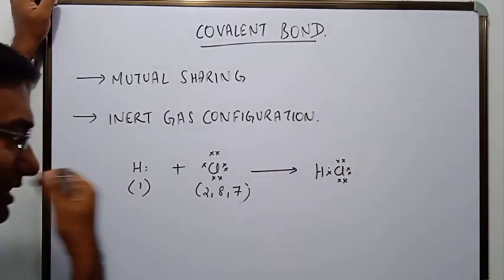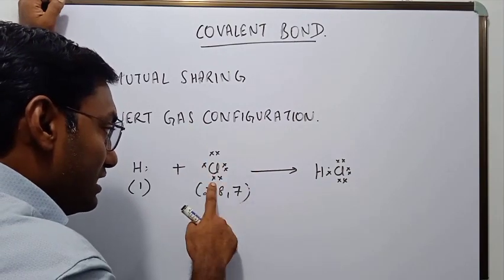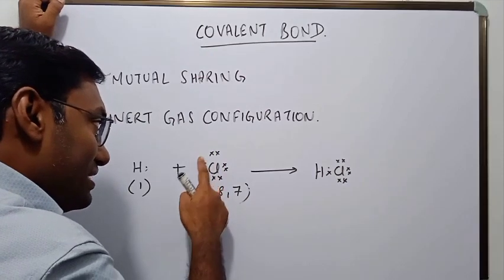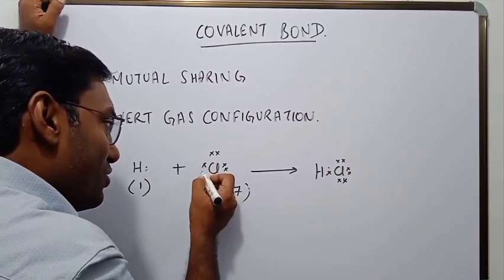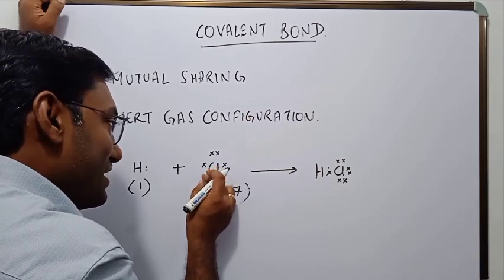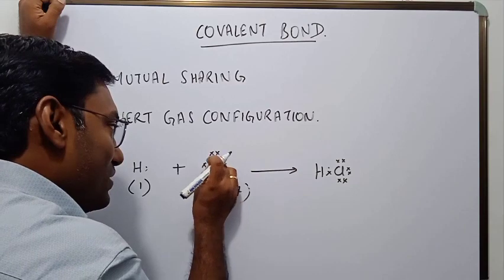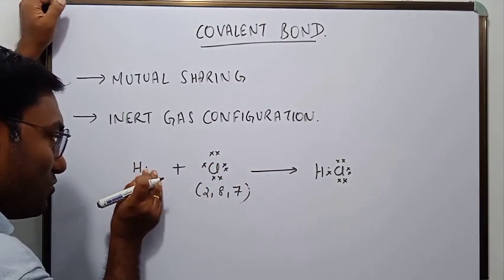And the nucleus of chlorine has its reach till the third shell, but in the third shell there are only 7 electrons. It can very well absorb the power of 1 more electron.